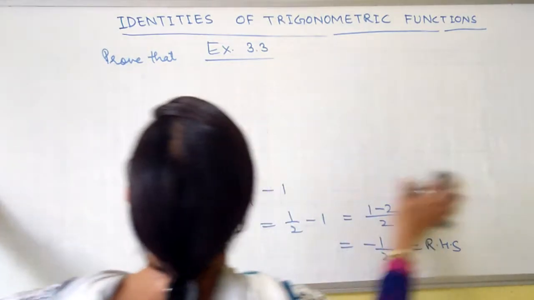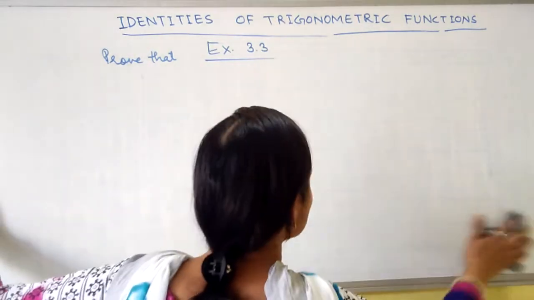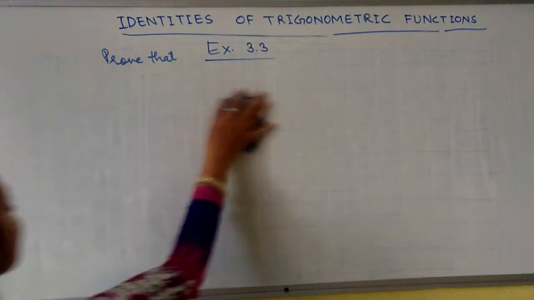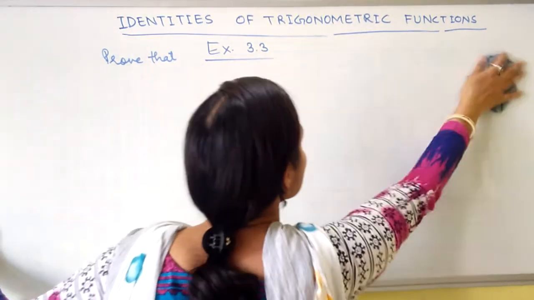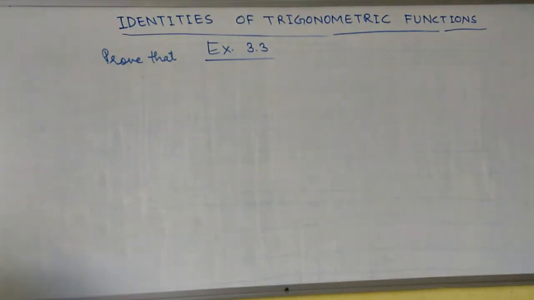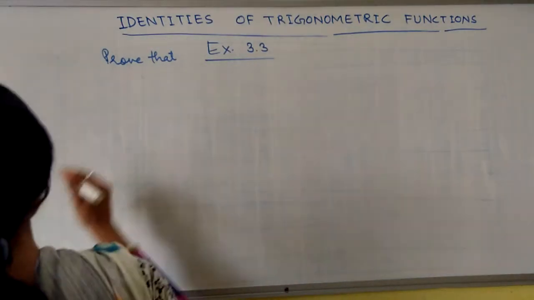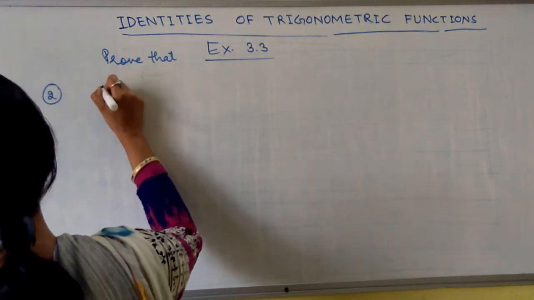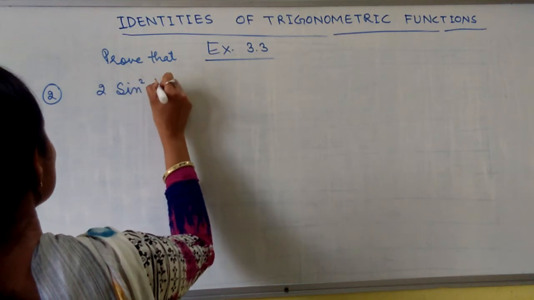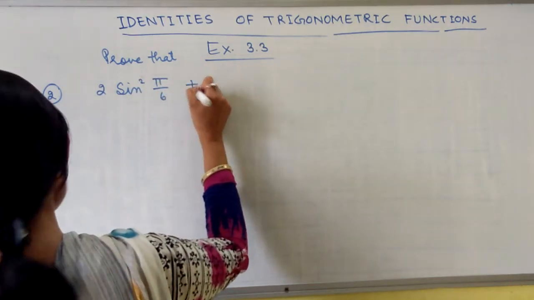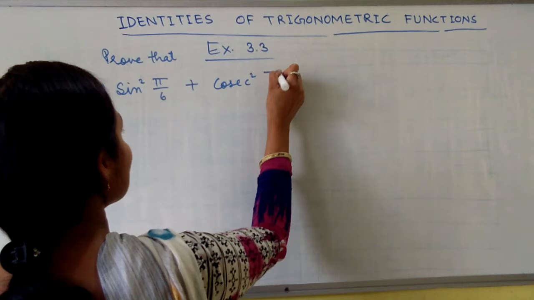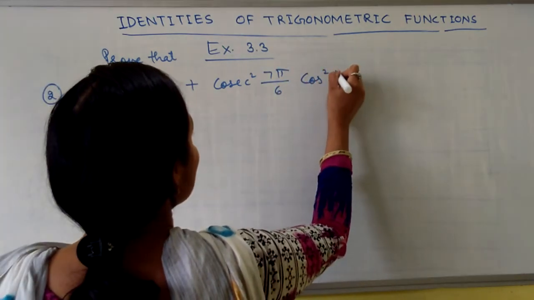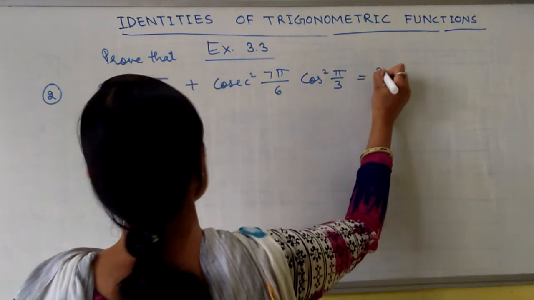Prove that 2 sine square pi by 6 plus cosecant square 7 pi by 6 plus cos square pi by 3 is equal to 3 by 2.